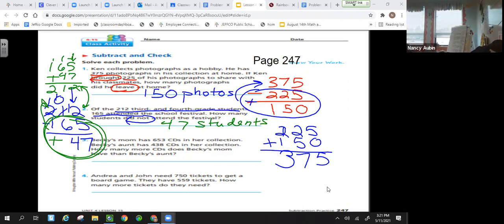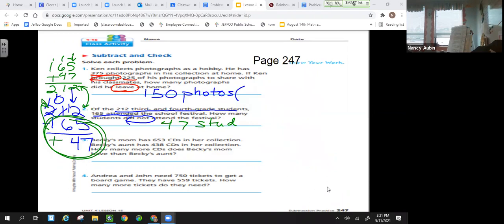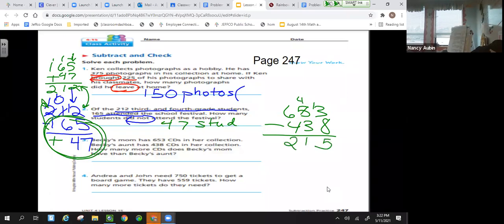How many more tells us to subtract? So you should have subtracted 653 minus 438. Josh, Lewis, what'd you get? 215.